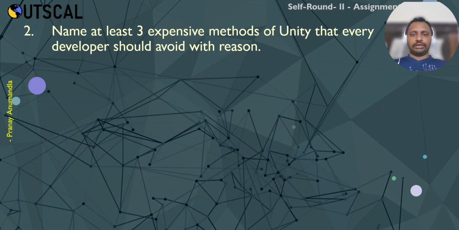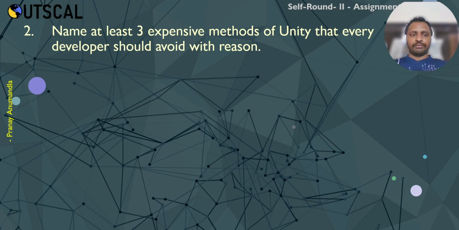Name at least three expensive methods of Unity that every developer should avoid, with reasons. Three expensive methods of Unity. The first one is GameObject.Find, or find with name or tag.